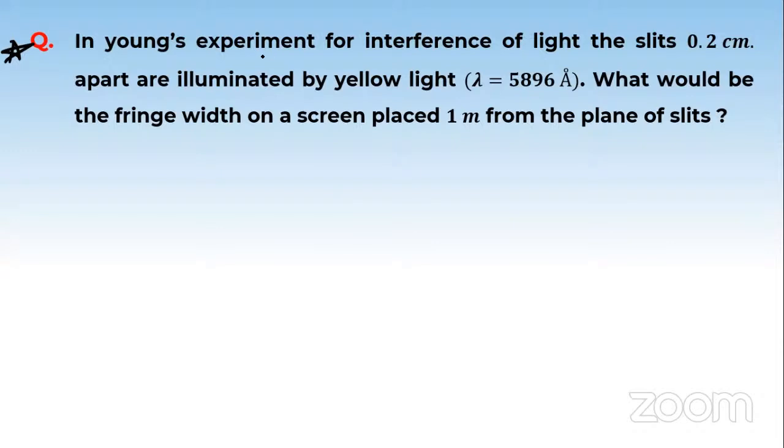In a Young's experiment of interference of light, slits are 0.2 centimeter apart. So when we say 0.2 centimeter apart, it means that small d is given to you as 0.2 centimeter. They are illuminated by yellow light whose wavelength lambda is given to you.